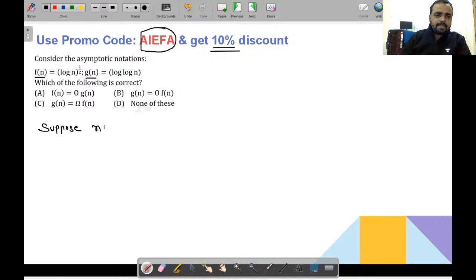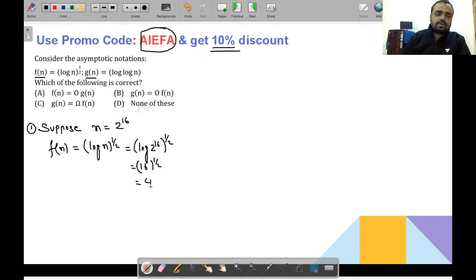Suppose n is given as 2 to the power 16. So what will be the f of n? I am considering this as case 1. F of n will become log of n to the power 1 by 2, that is the root under. This implies log of 2 to the power 16, to the power 1 by 2, and this implies 16 to the power 1 by 2, and this implies 4.